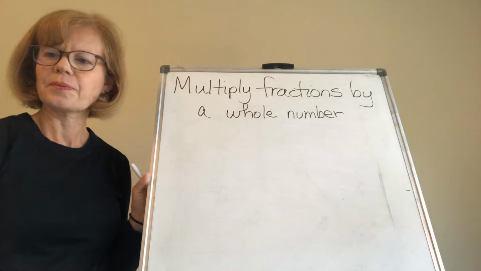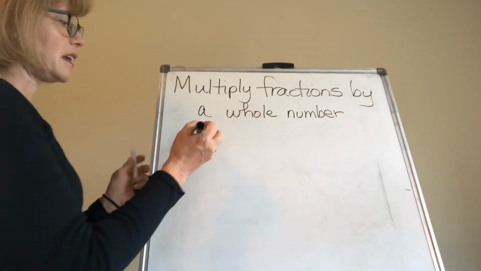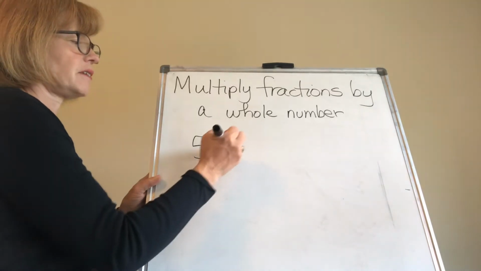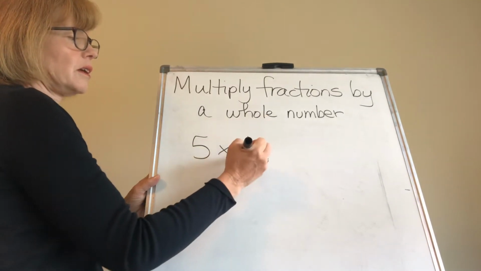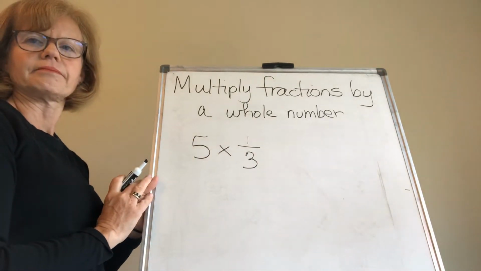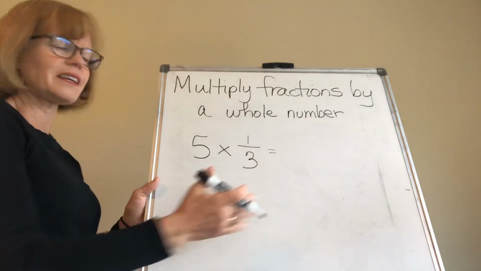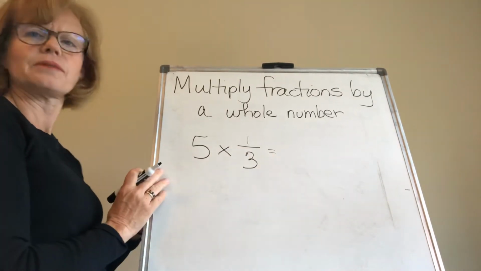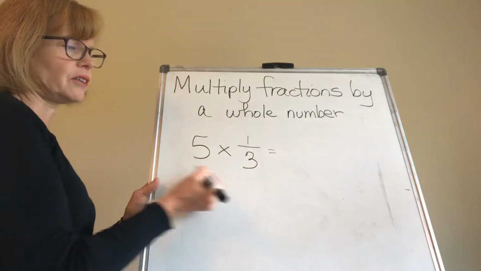All right. How about if we try another one here? How about if we said 5 times 1/3? Could you write, what does that mean? What is the answer to 5 times 1/3? You can either multiply right now.